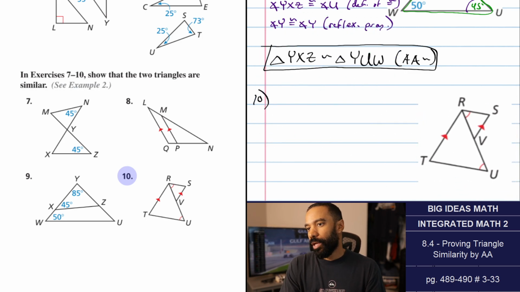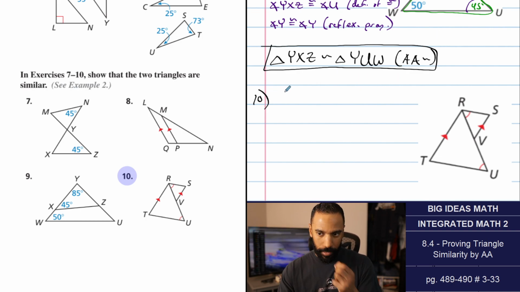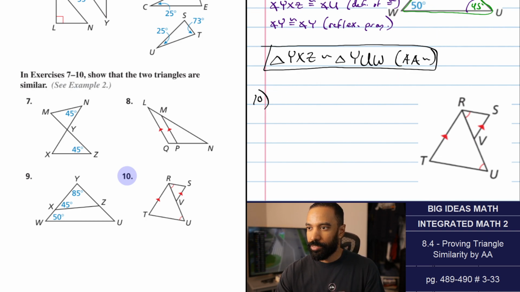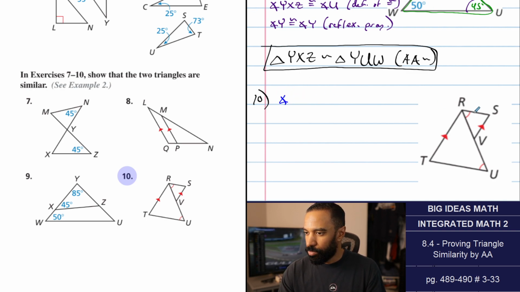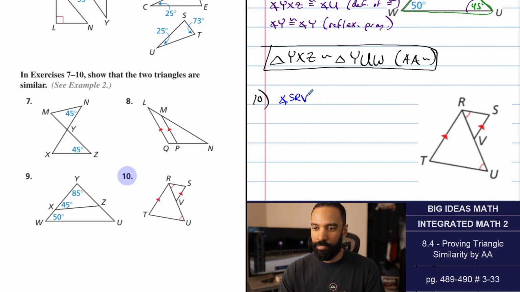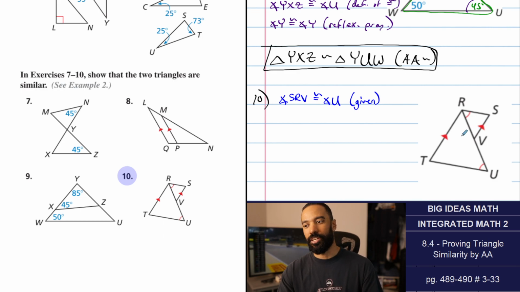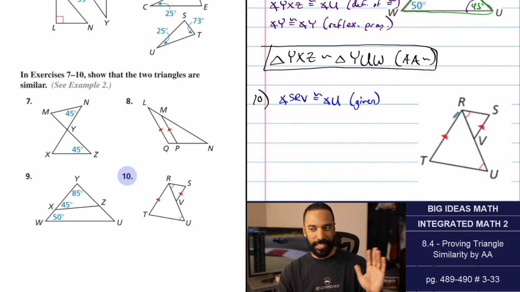Okay. On number 10, you have given that angle SRV is congruent to angle U. And you have these parallel lines, and these are the kinds of things that is why it's not exactly a two-column proof.